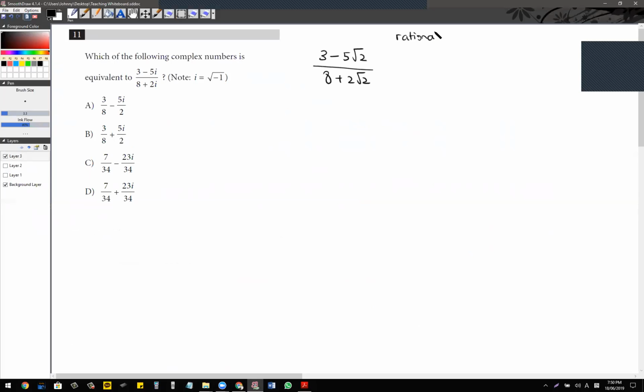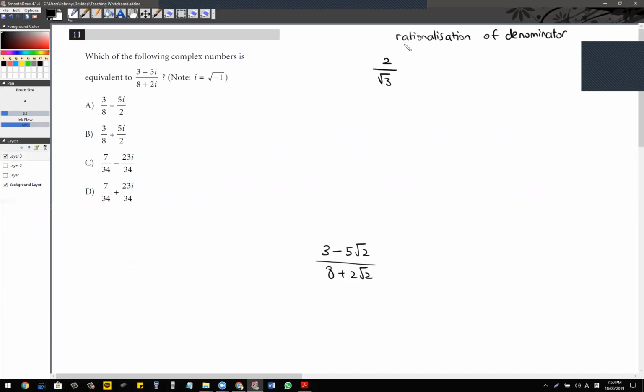No. So this is a must-know technique for the SAT, so we're going to go through that first. If you have, for example, 2 over root 3, you see how the denominator is in surd form, which is not rational.